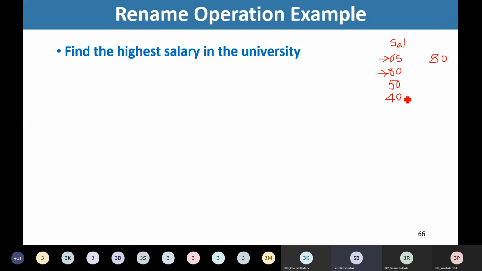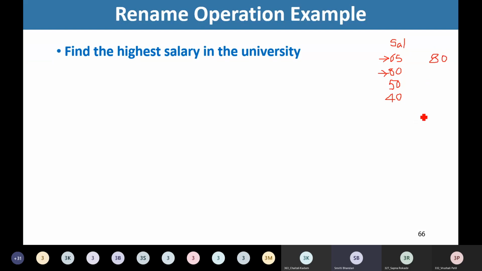So ultimately, I need to somehow compare the salary values that are in a single tuple, and that is why I need to use this instructor table more than once, so that I can have these salary values more than once, right?